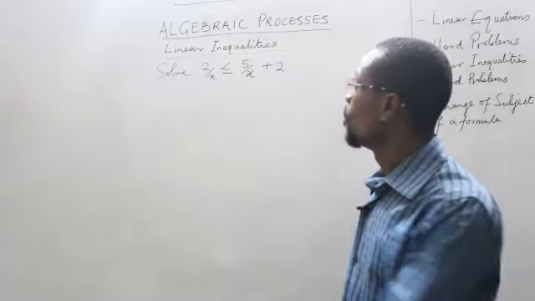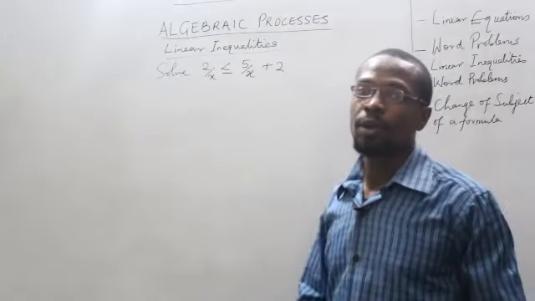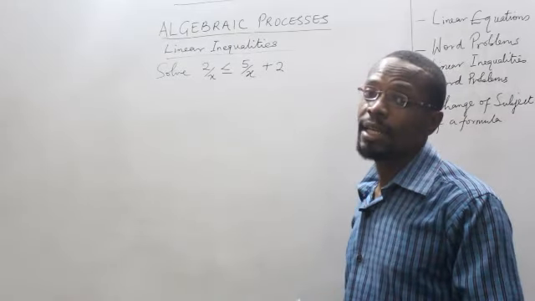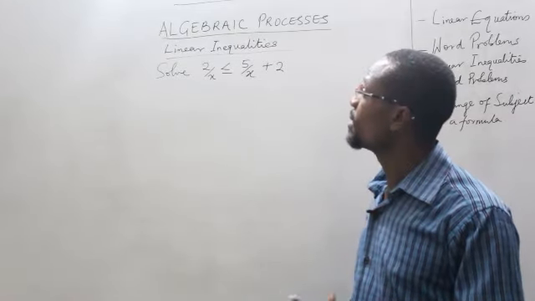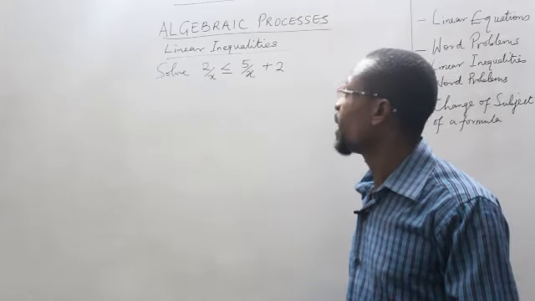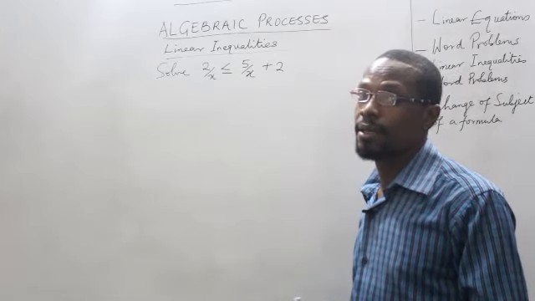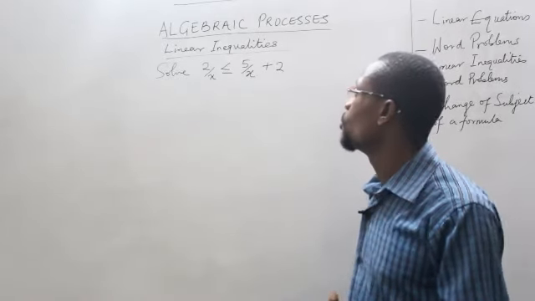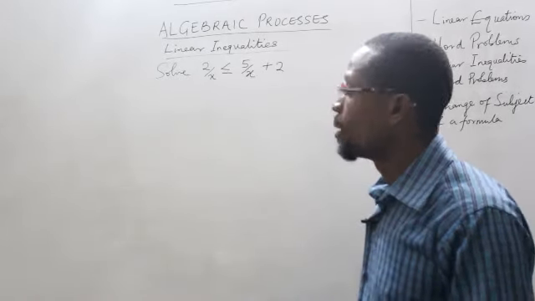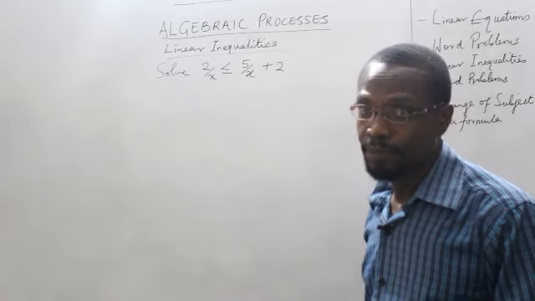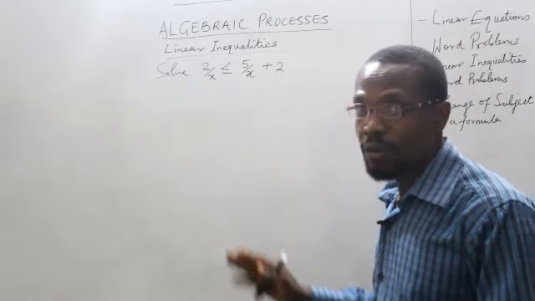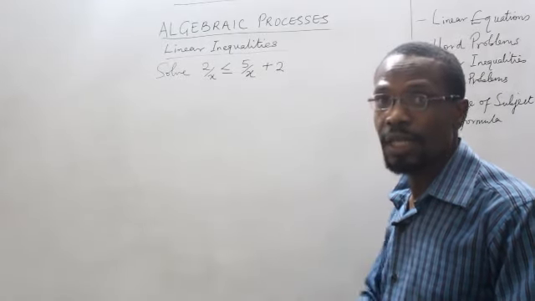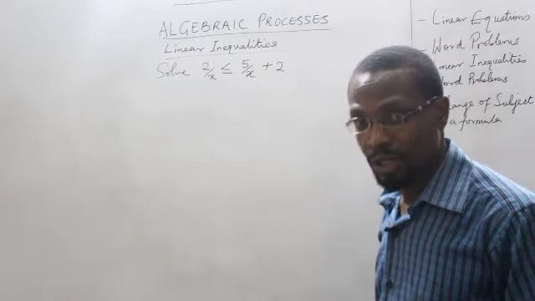Okay, so we have another problem on the board. Problem of linear inequality, and this one says solve 2 over x less than or equal to 5 over x plus 2. Like I said, solving linear inequality is as simple as solving linear equation.